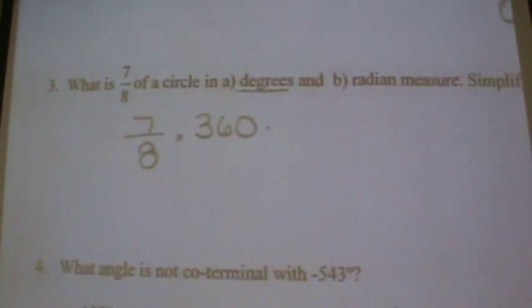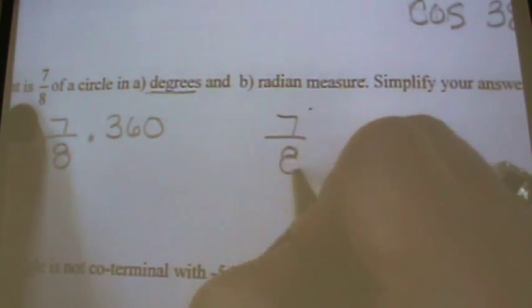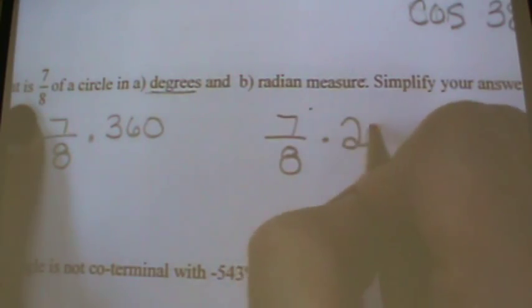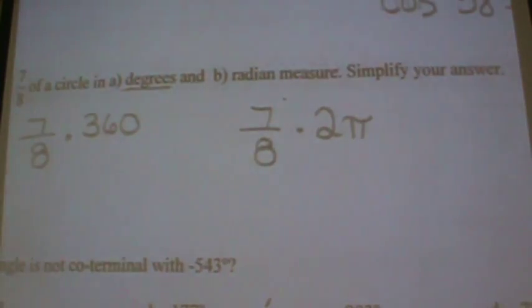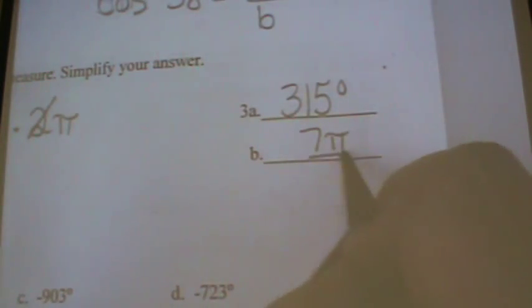It's 315 degrees. And what's 7/8 of a circle in radians? And you could even type this in your calculator. How many times does 2 go into 8? 4 times, so this would be 7 pi over 4. Easy?